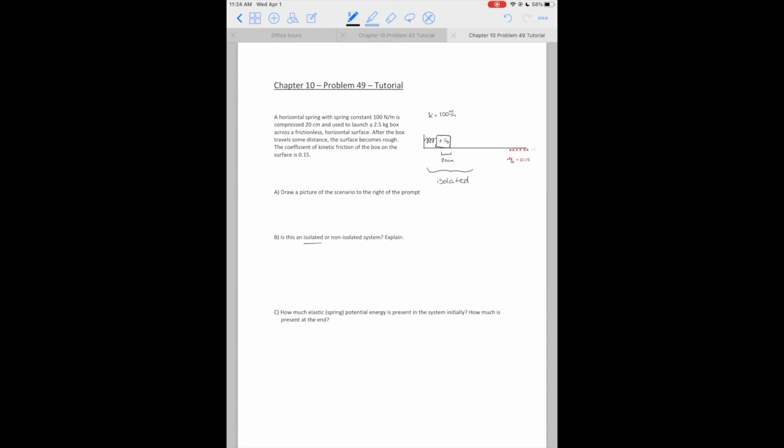There's no interaction, no work being done by the environment. I think, though, if we looked at the entire thing, we would have to include the non-isolated region of the friction on this area.